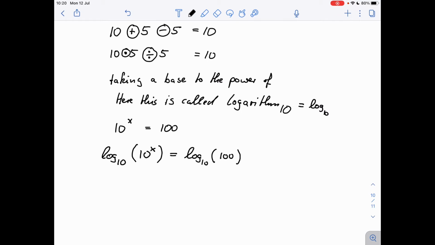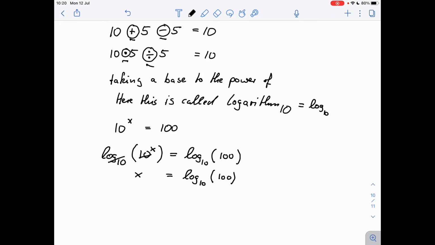Now we know that log 10 and 10 to the power of something simply cancel each other out, the same as plus and minus, or multiplication and division. These are inverse mathematical operations. So log 10 and 10 to the power of cancel each other out, and what we've got left is x on that side equals log 10 of 100.